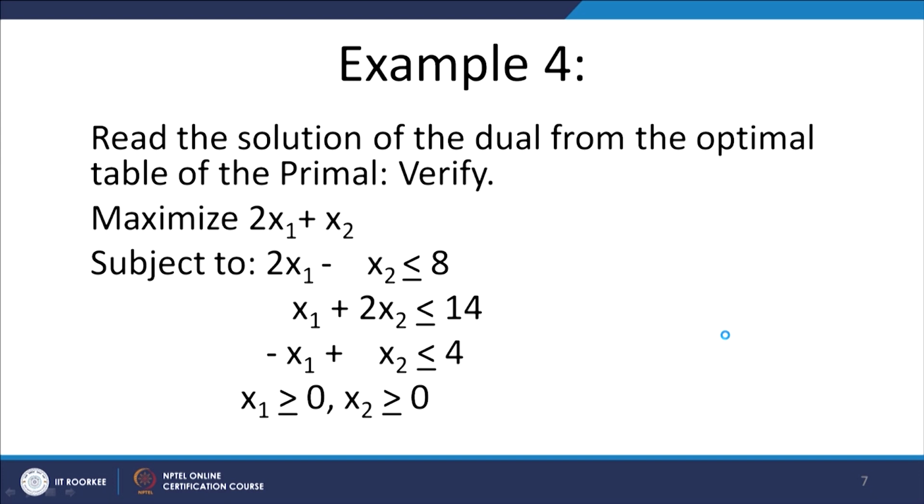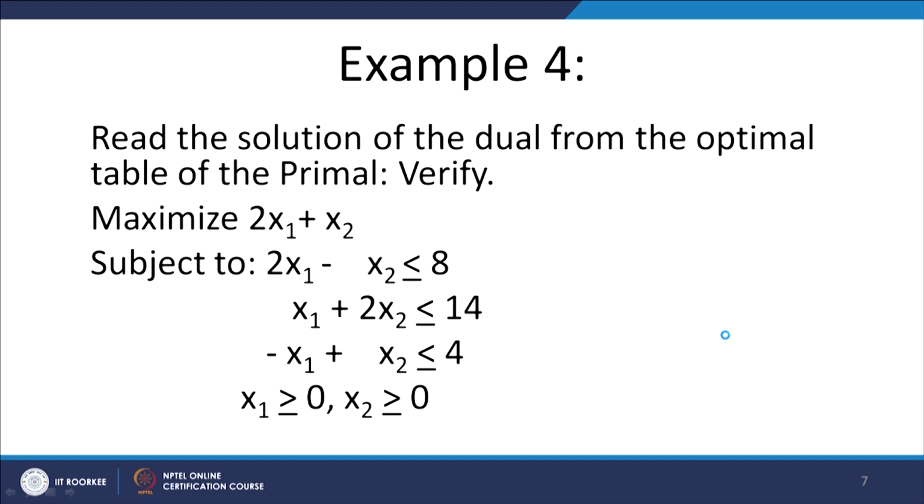Maximize 2x1 plus x2 subject to 2x1 minus x2 less than or equal to 8, x1 plus 2x2 less than or equal to 14, minus x1 plus x2 less than or equal to 4, and both x1 and x2 should be greater than or equal to 0.